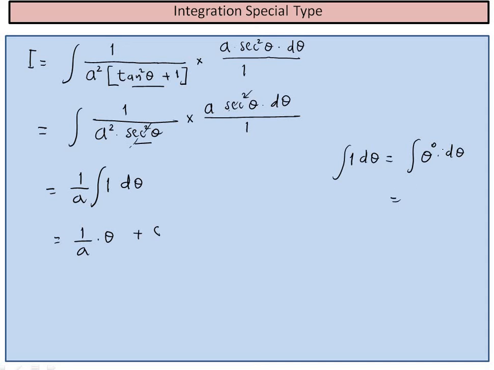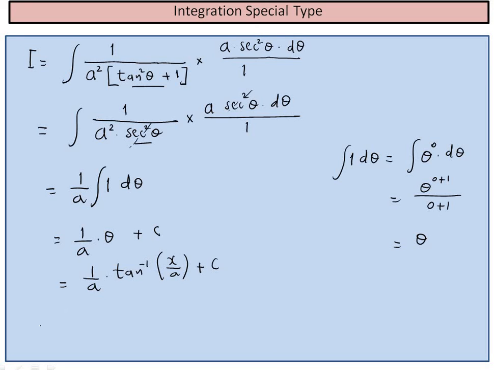So theta raised to 0 plus 1 upon 0 plus 1, meaning theta upon 1, that is theta, which I have written here. Now बच्चों, what is theta? It is tan inverse x upon a. याद है?